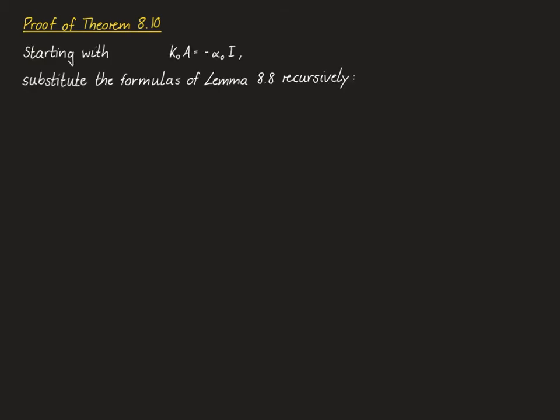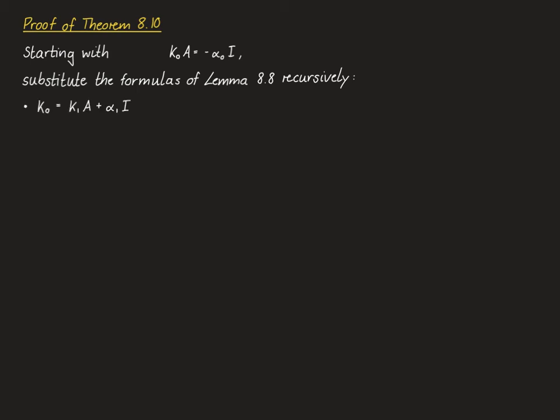Given the work we have already done for lemma 8.8, the proof of the Cayley-Hamilton theorem becomes actually fairly short and simple. Starting with the formula k_0 A equals minus alpha_0 I, we substitute the formulas of lemma 8.8 recursively.